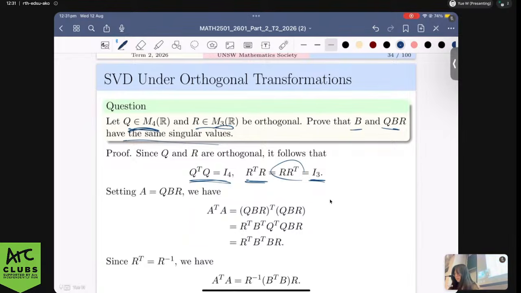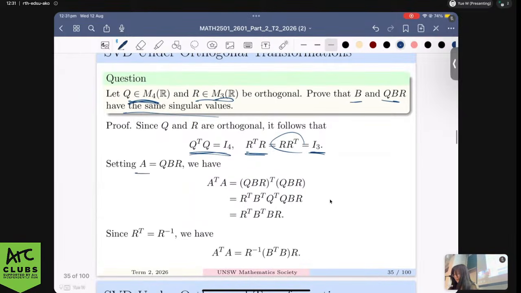Okay, so now you can just sub things in. So if you sub in A to be QBR, you should be able to simplify this expression here. And here, because you're applying the transpose, you just reverse the order of this. So it'll be R transpose B transpose Q transpose, right?